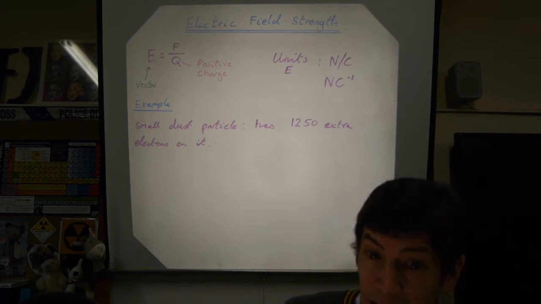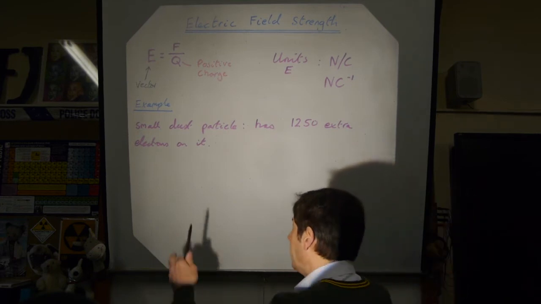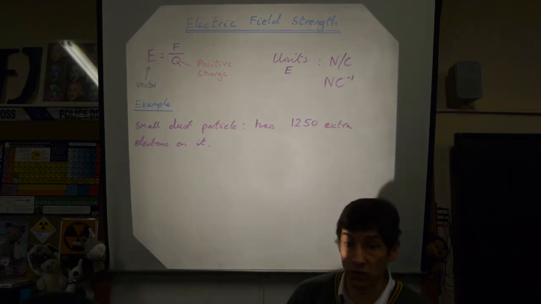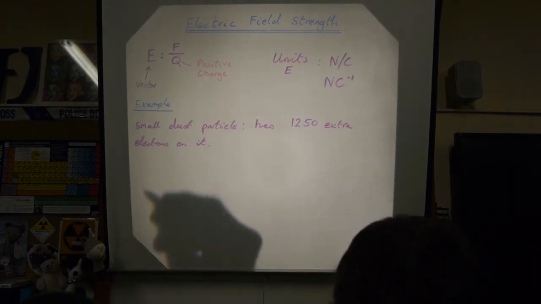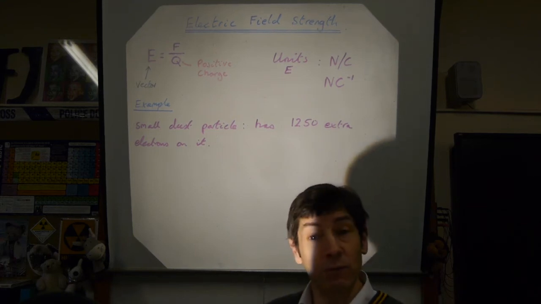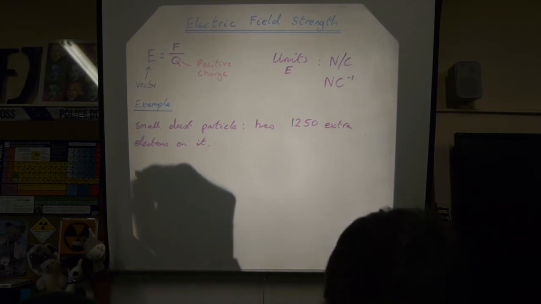And it gets put in an electric field, a place in space where charges feel a force. I'll give you a value for what force it feels, and then we'll calculate what the electric field strength is.